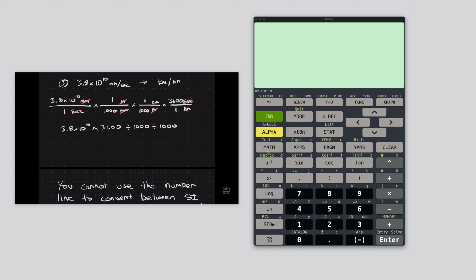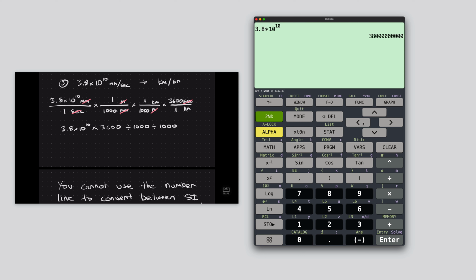So I'm just going to show you how, if you have the TI-84, how you would punch that in. So it's 3.8 times 10 to the 10. So you don't actually go 3.8 times 10 and then do like an exponent like that. That's not how we're going to lay that out. Although you can see it sort of works right there.